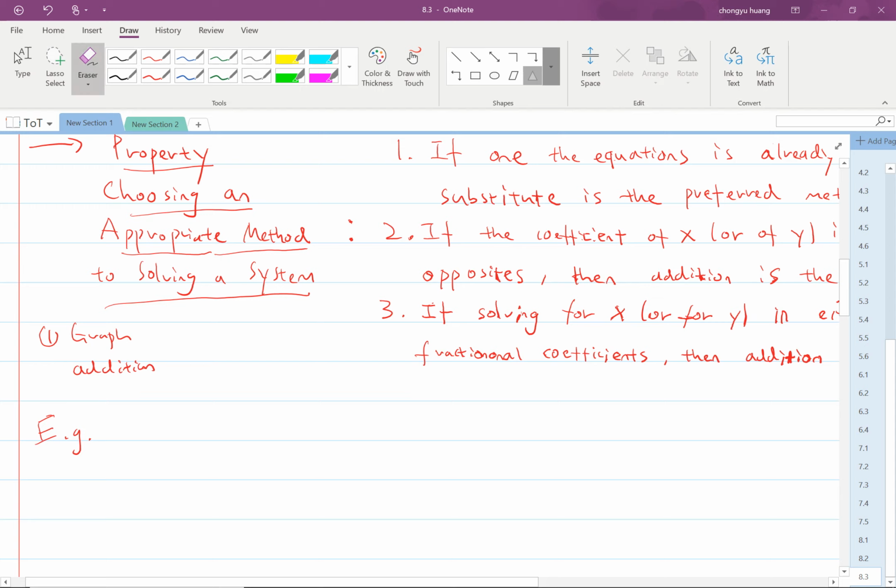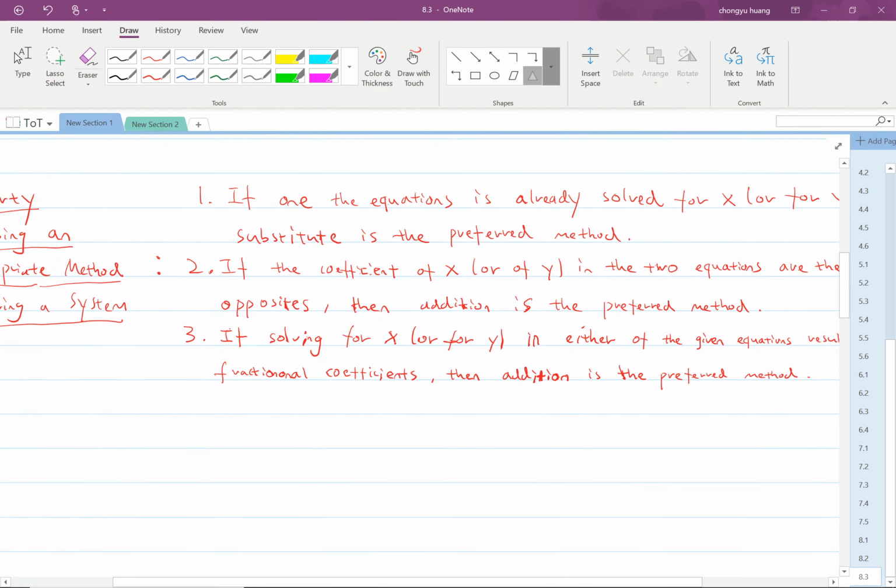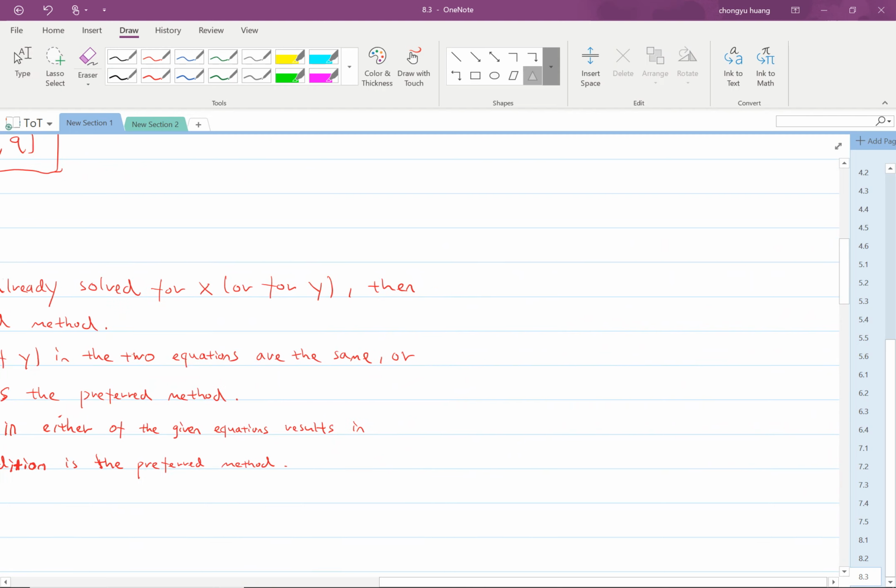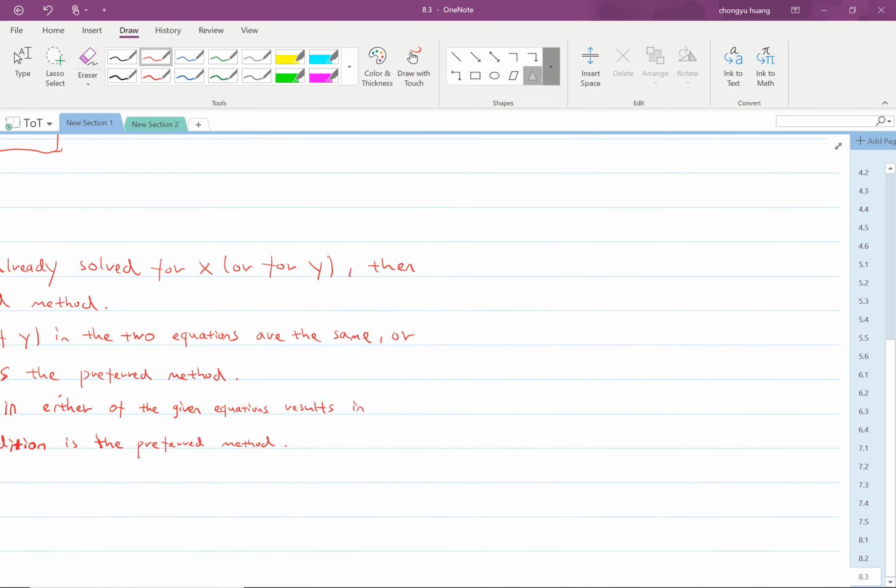Let me move to the other side, since this page is kind of cramped. So far we know 3 methods: the graphing method to solve a linear system, the addition method, and here we have a new method which I just told you about, the substitution method.